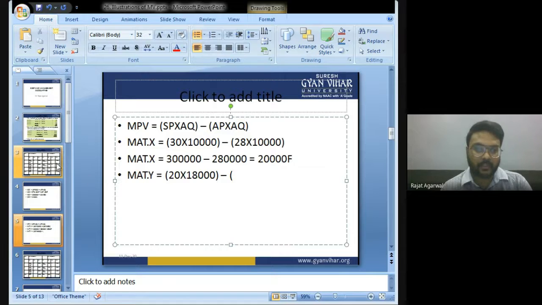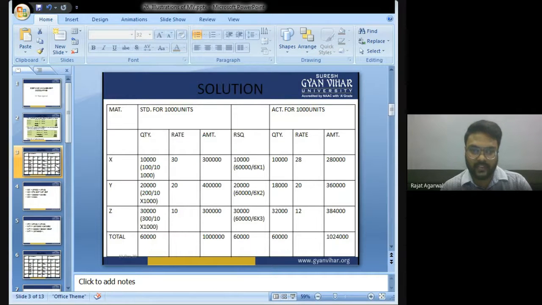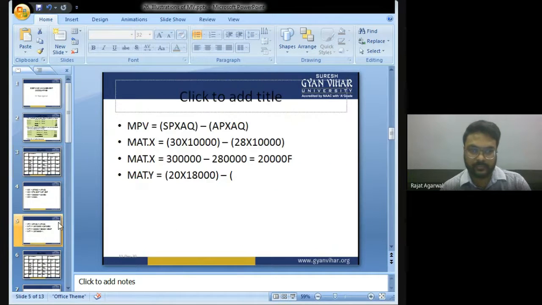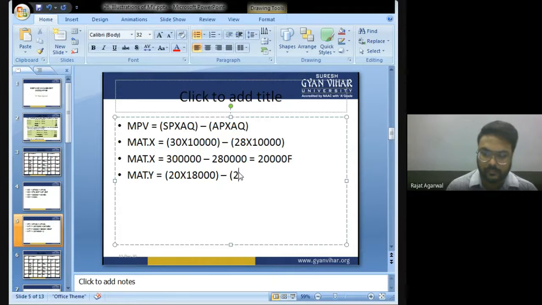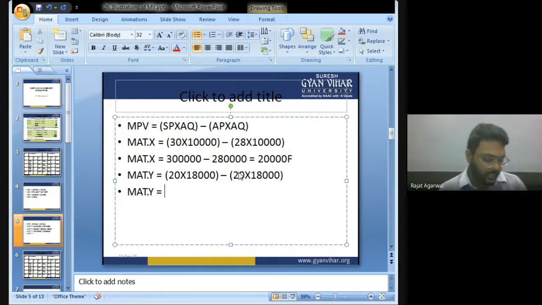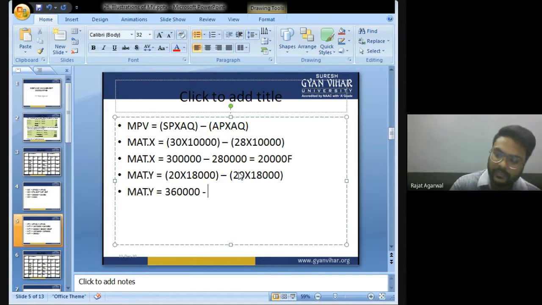Now actual price of Y is 20. Actual quantity 18,000. 20 into 18,000, 3 lakh 60,000 minus 3 lakh 60,000. Nil.